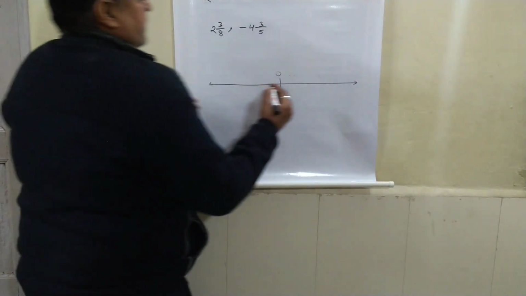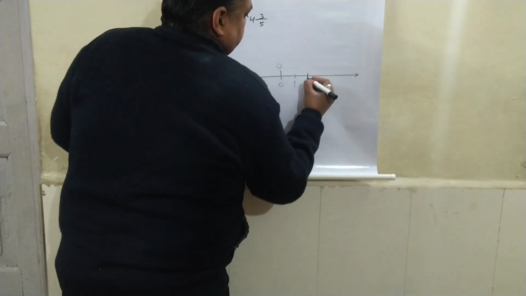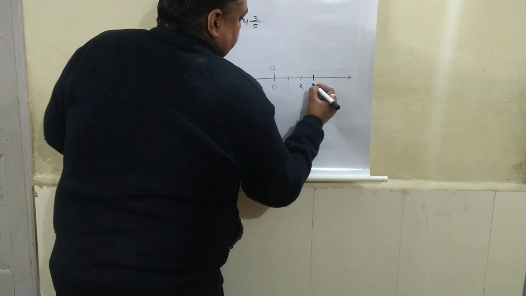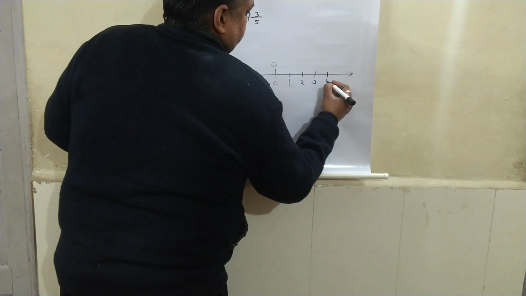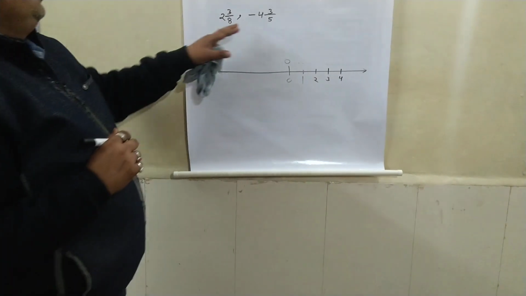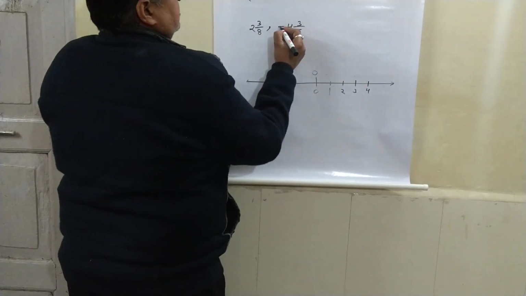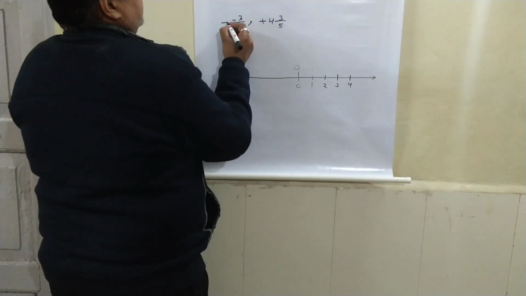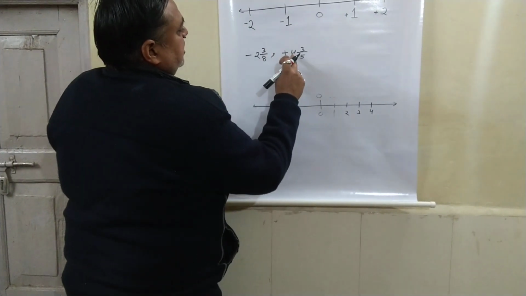After that, we have to find point 4. Sorry, this should be +4 and this should be -2. 2 raised to 1/3.